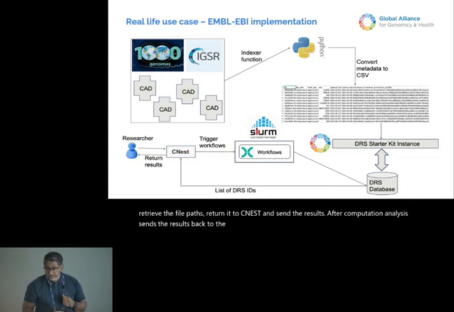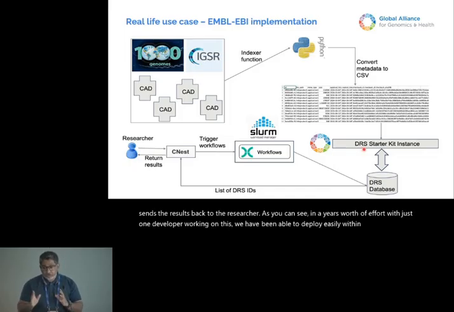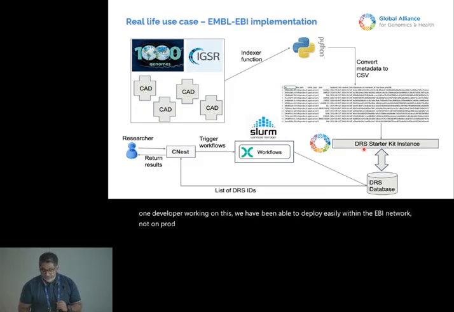As you can see, in a year's worth of effort with just one developer working on this, we have been able to deploy easily within the EBI network, not on prod yet, we are just getting there, a DRS instance, that is an interoperable instance.